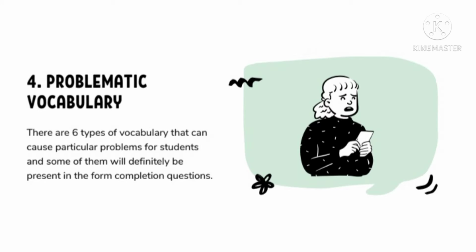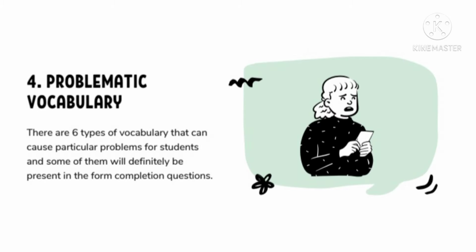4. Problematic vocabulary. There are 6 types of vocabulary that can cause particular problems for students, and some of them will definitely be present in the form completion questions, as we have just seen.